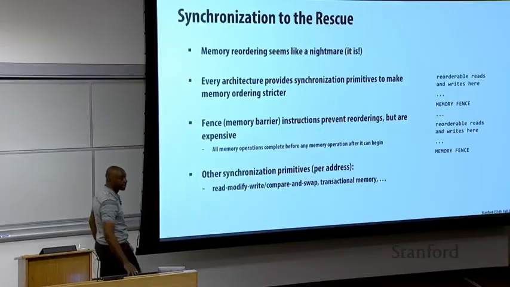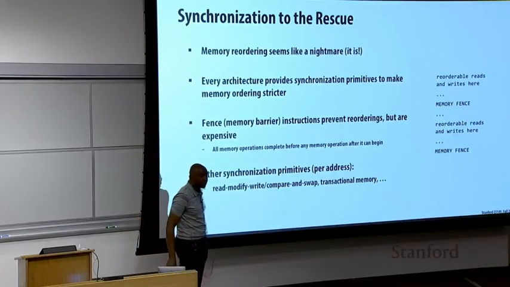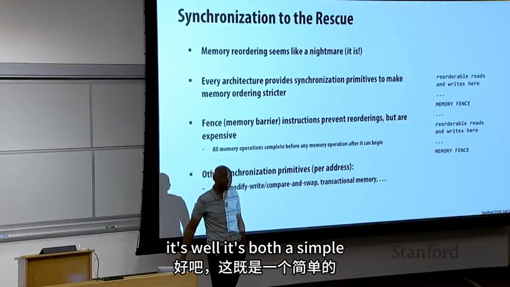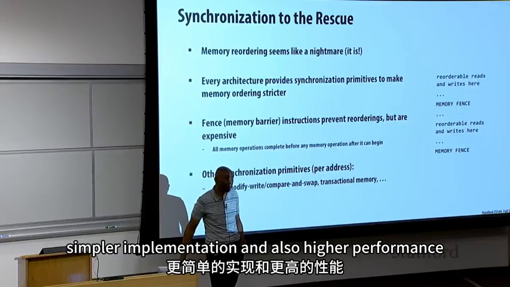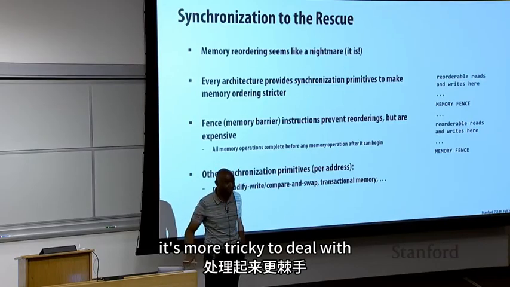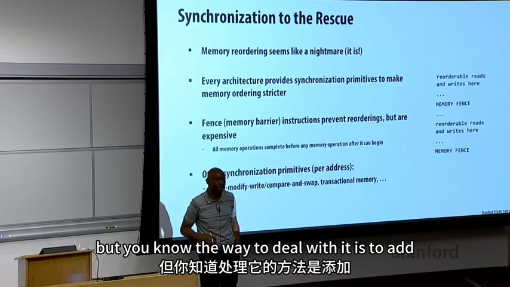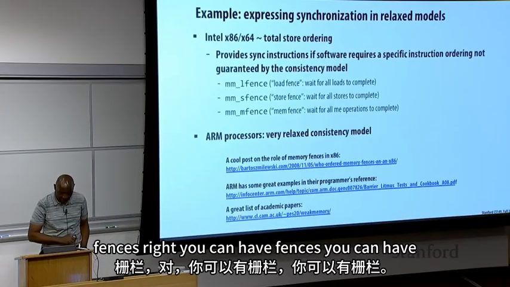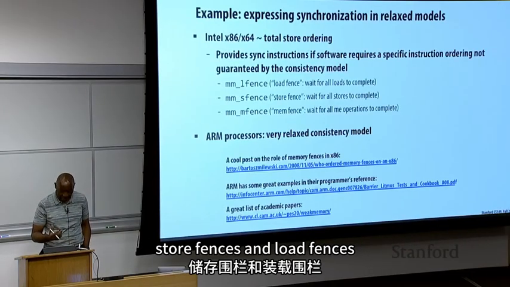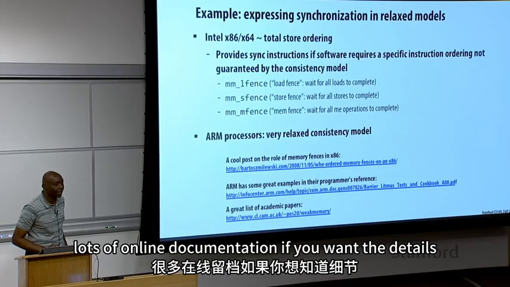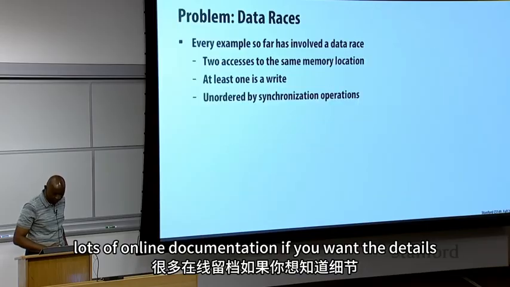Is it faster for some reason because of this, or is it just simpler to do this way? It's both a simpler implementation and also higher performance. But it means from the systems programmer's point of view, it's more tricky to deal with. The way to deal with it is to add fences, right? You can have store fences and load fences, and this all gets pretty tricky. I refer you to lots of online documentation if you want the details.